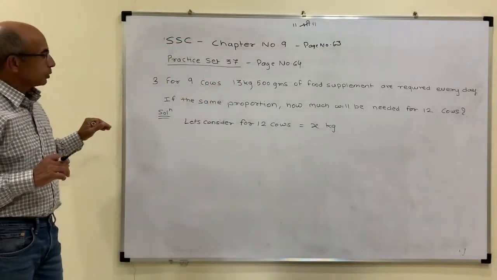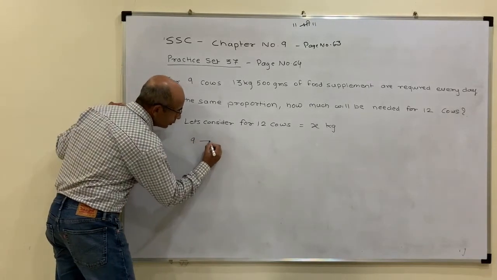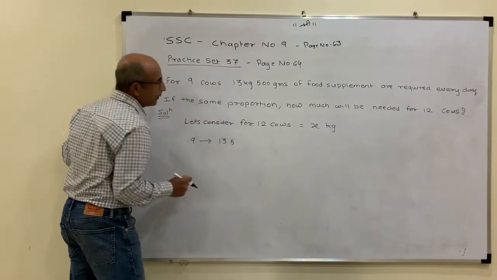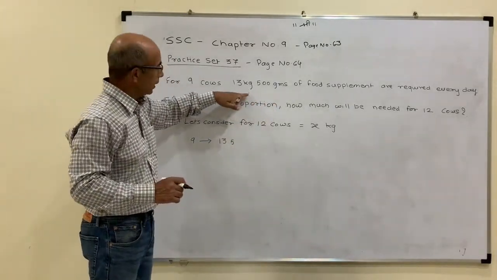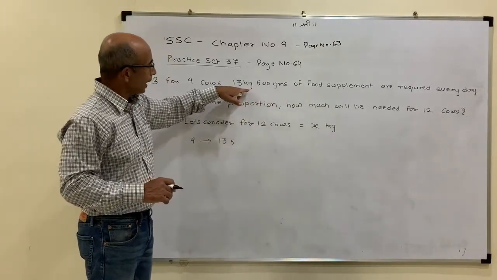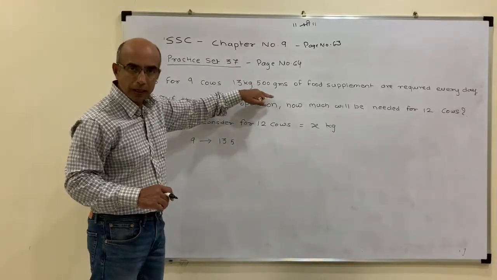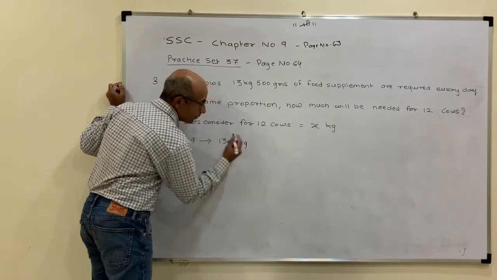Now we put the equation. 9 cows need 13.5. Here there are two different units, kg and grams, so I am writing everything in kg. 13 kg 500 grams is nothing but 13.5 kg.